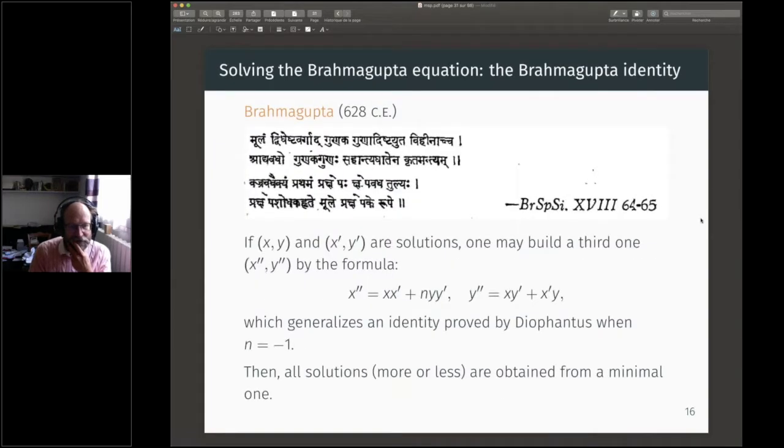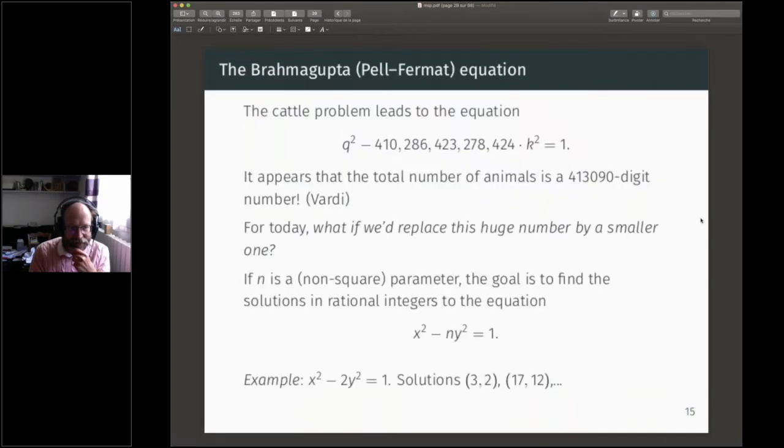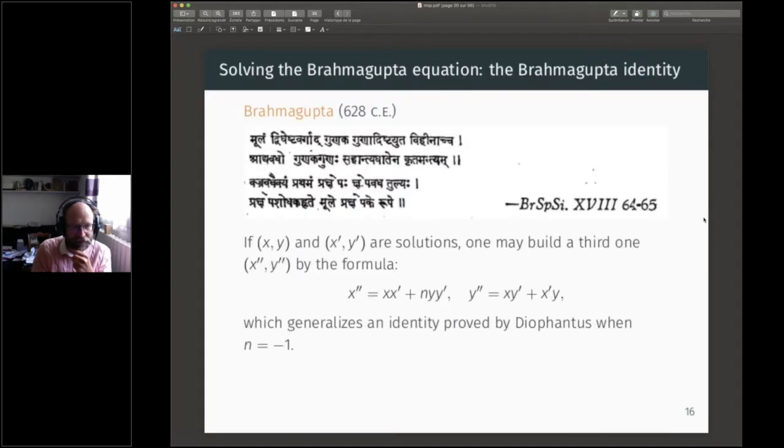Okay. So first, all of it started with Brahmagupta, who told us that I could have a third solution starting from two solutions. For example, if I apply those formulas to this equation, x² minus 2y² is 1, and I take twice the solution (3,2) to start with, so (x,y) and (x',y') would be (3,2), and I compute what I get here.